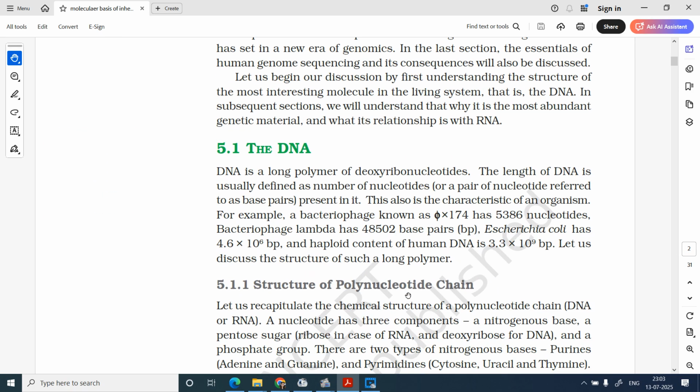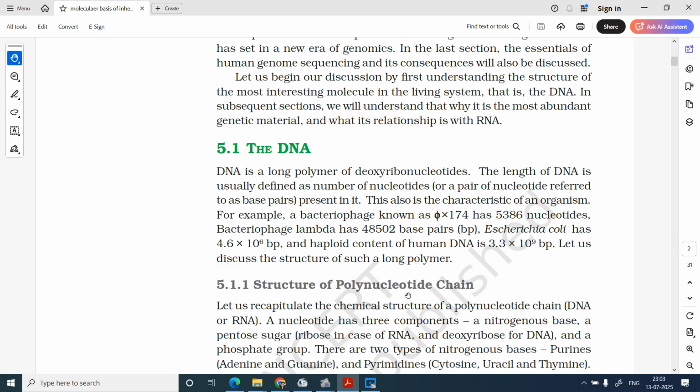5.1 The DNA. DNA is a long polymer of deoxyribonucleotides. The length of DNA is usually defined as the number of nucleotides, or a pair of nucleotides referred to as base pairs, present in it. This also is a characteristic of an organism. For example, a bacteriophage known as phi X 174 has 5386 nucleotides.